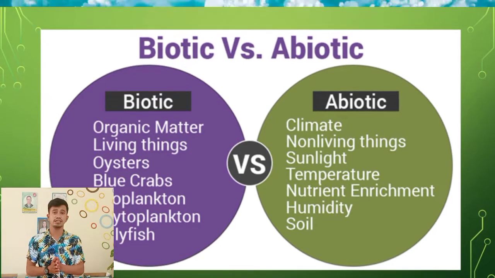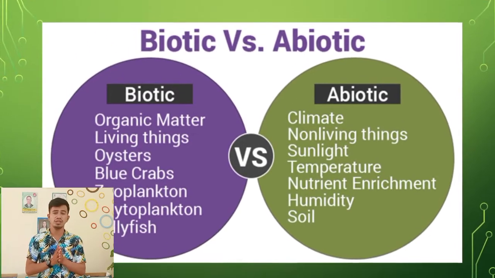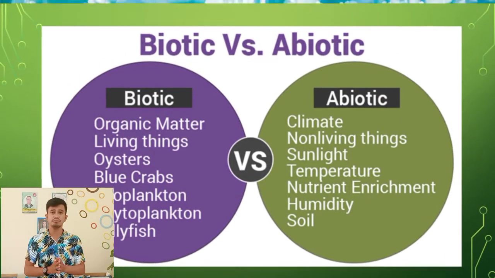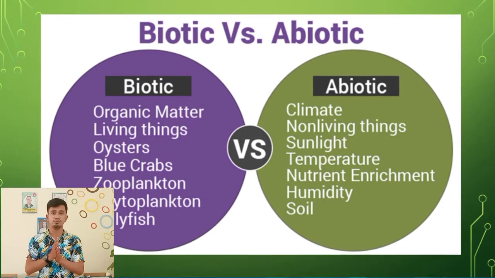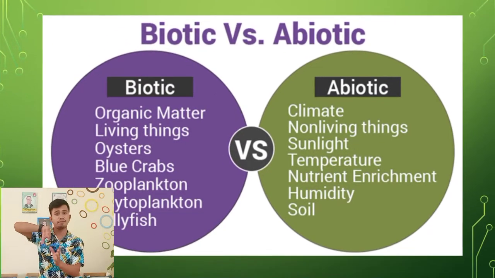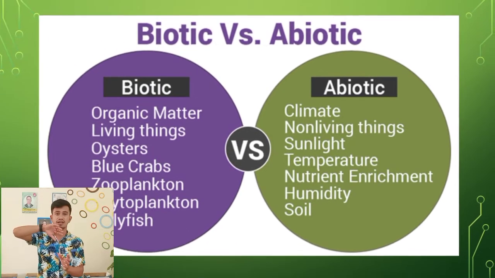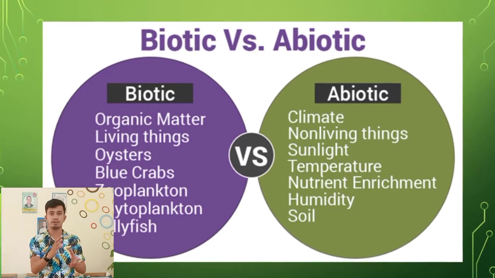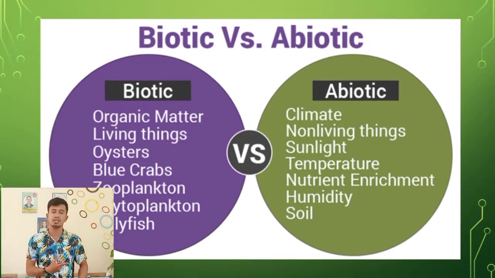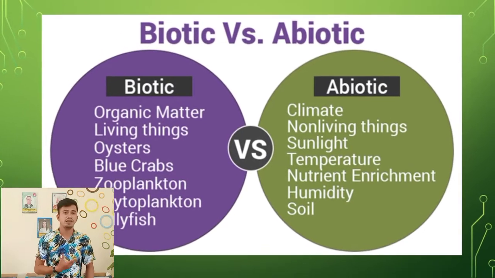As you can see, we can determine the difference between the two, because in biotic factors, we are dealing with living things, while for abiotic factors, we are dealing with non-living things.